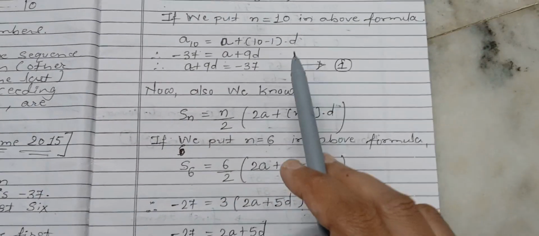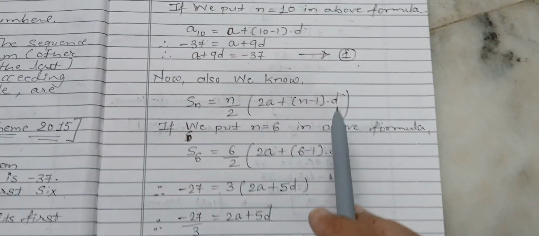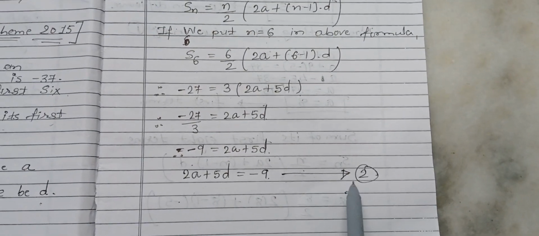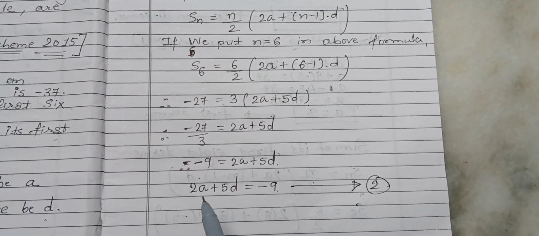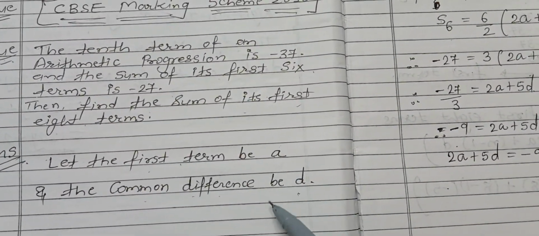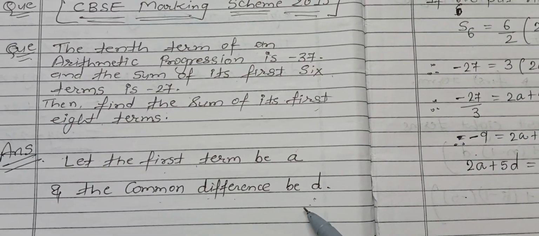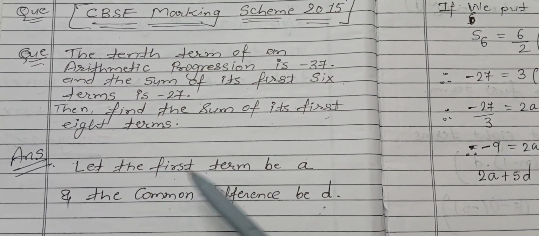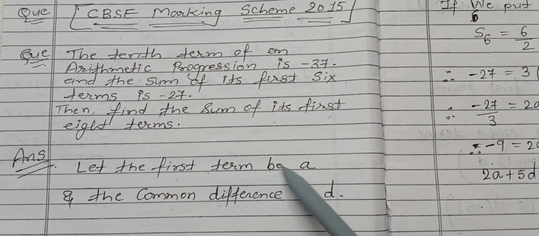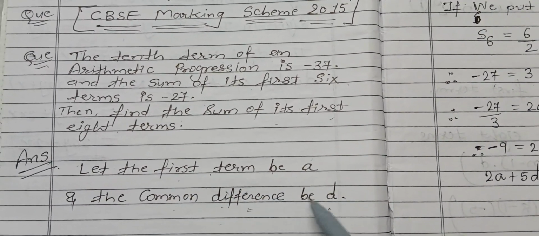We already have equation 1 and now equation 2. What is our aim? We want to identify the first term and the common difference. At the very first, for solving the question, we assumed the first term as a and the common difference as d.